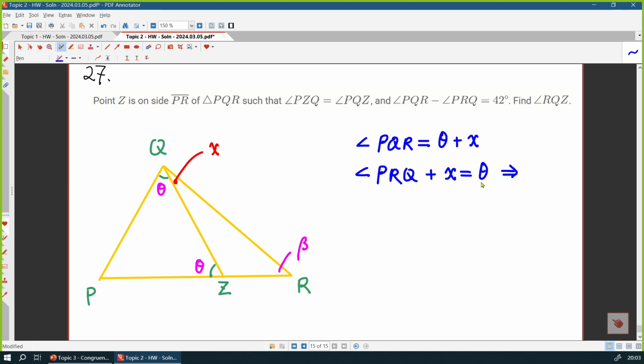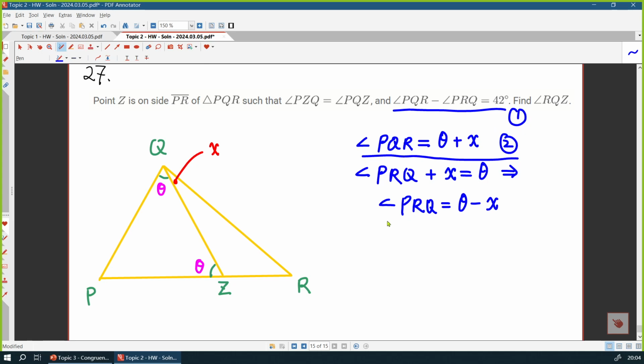So this means angle PRQ equals theta minus x. Let's call this equation number 1. This is equation number 2. And this is equation number 3.